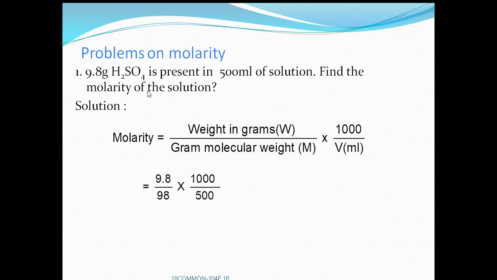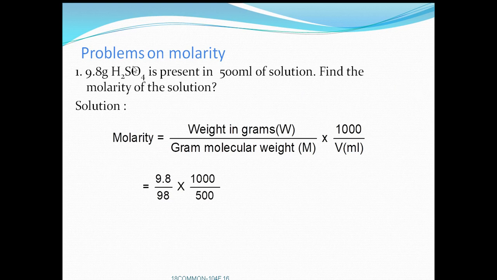So weight of the substance is 9.8 grams, by gram molecular weight, capital M. How much for H2SO4? One hydrogen atom weight is 1 gram, so 2 hydrogens, 2 grams. Sulfur is 32 grams weight. So 34 grams.